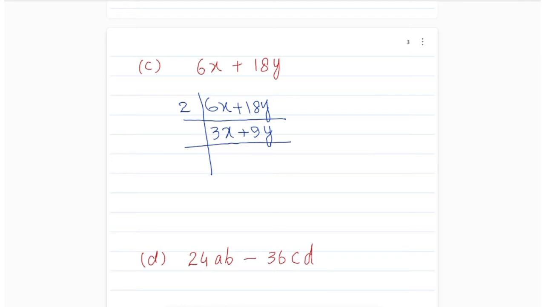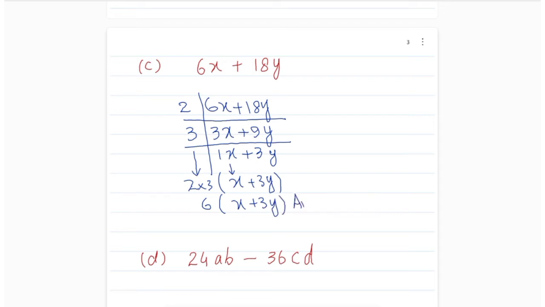So we'll be dividing by 3. 3 ones are 3 and x, plus 3 3s are 9 and then y. No more common divisor is there, so that's why we'll be writing here 2 times 3, and the bracket 1x will be written as x plus 3y. So it becomes 6 times bracket x plus 3y, and this is your factorization.